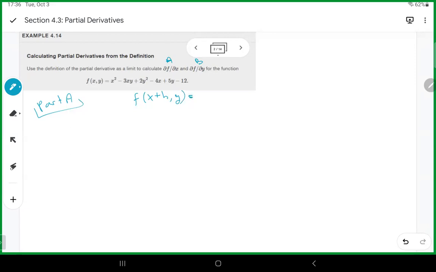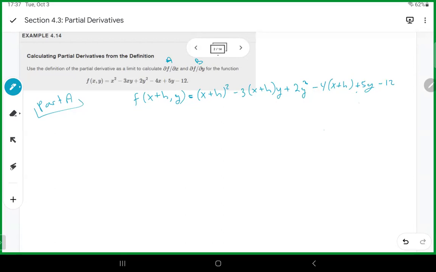Hopefully we'll have enough room for everything. So that's going to be (x plus h) squared minus 3(x plus h)y plus 2y squared minus 4(x plus h) plus 5y minus 12.